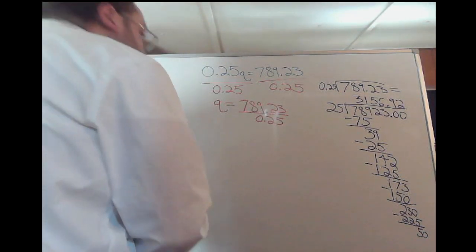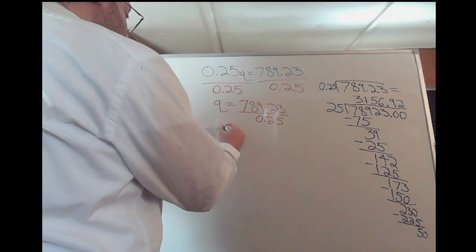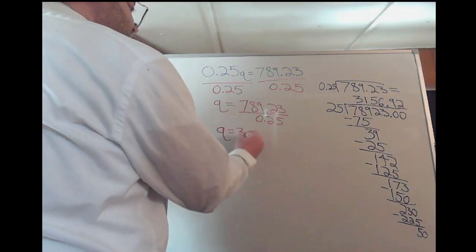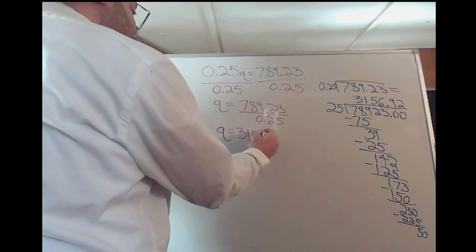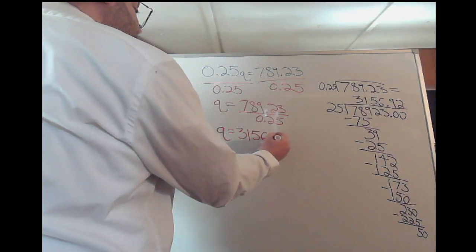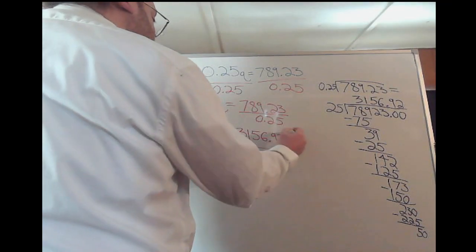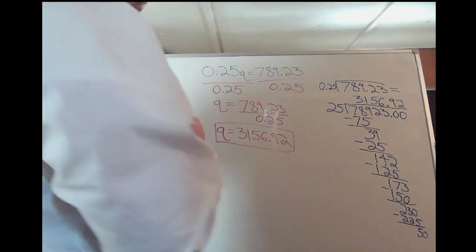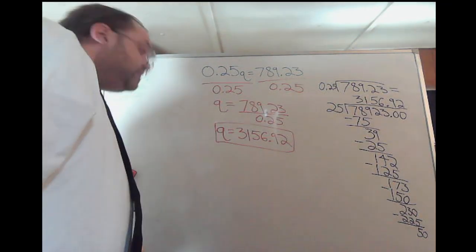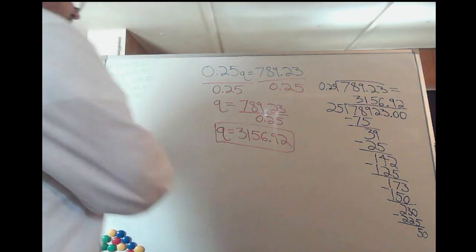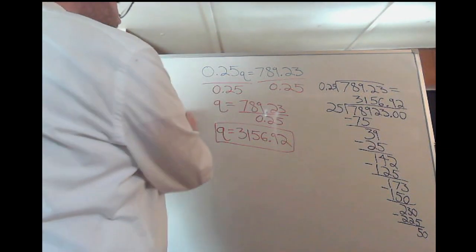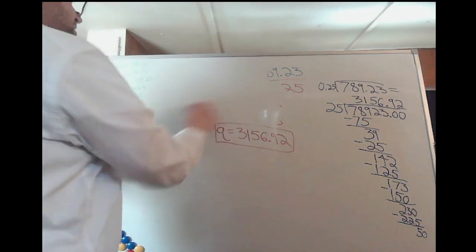So the answer we're looking for here for the variable is going to be q is equal to 3,156.92. That would be the answer to this equation after doing all the long division. Just remember, in long division with decimals, to the right of the decimal you can tack on as many zeros as you need until you get no remainder. But we found the answer to q.